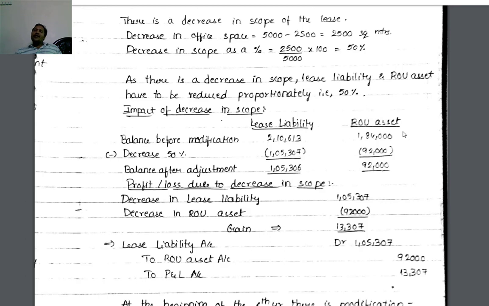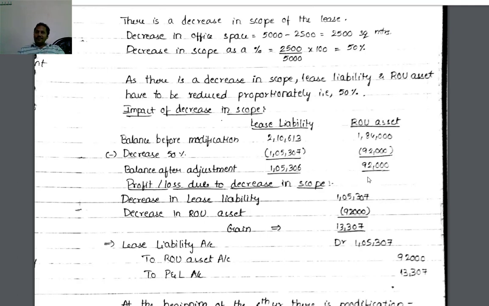ROU asset balance 1,84,000, that is before modification at the beginning of the 6th year. Now there is a 50% decrease in scope. We have to decrease lease liability and ROU asset proportionately by 50%. Decrease 50%, 1,05,307, and the remaining balance is 1,05,306. This is the balance after adjustment. Then the ROU asset balance is 1,84,000, 50% is 92,000. Remaining balance 92,000 after adjustment.